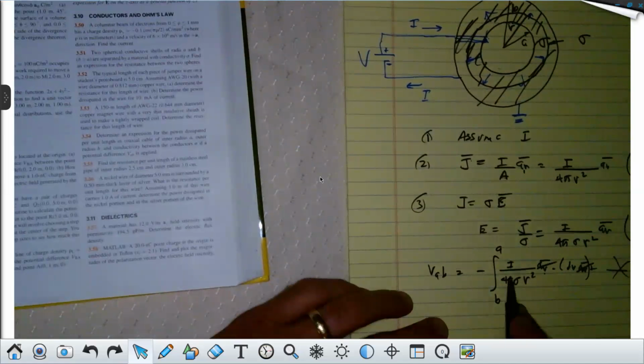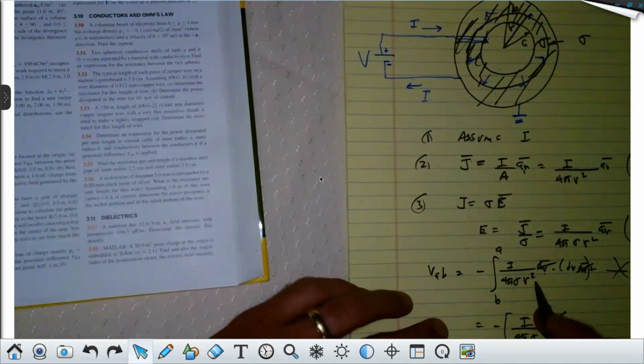Now when I do the integral of this, what do I get? I get minus, right? And then there's I over 4 pi sigma out in front. 1 over R squared integrated is minus 1 over R, which makes that plus, right? And then I get 1 over A minus 1 over B. I just put in the boundaries. Do y'all see that, class?